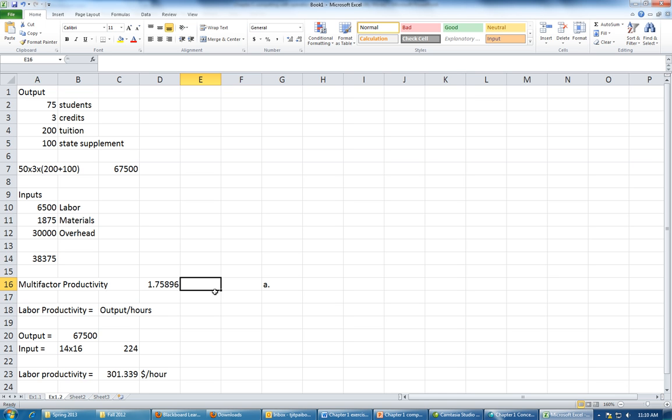Yes, it is improved. In terms of labor productivity, since the class size changed, the instructor must also work more hours, to 20 hours. So the labor productivity also improves.